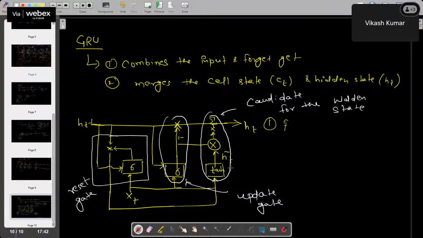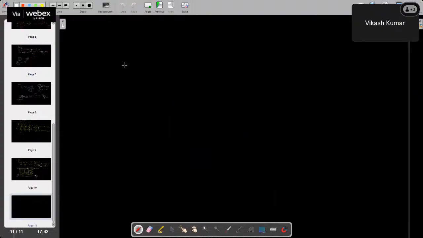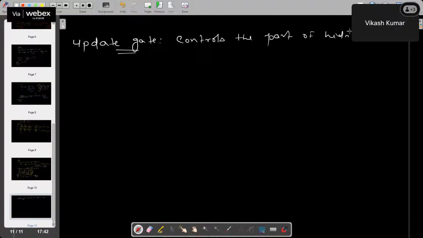Okay, so here if we talk about the update gate, the first thing is, okay, what it does, it controls the part of hidden state that is preserved.